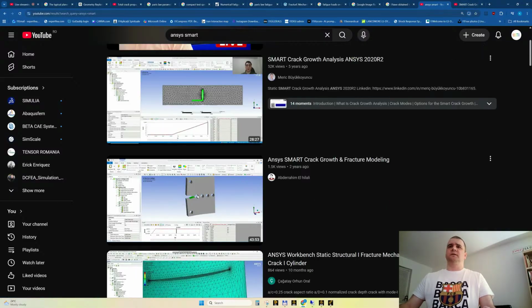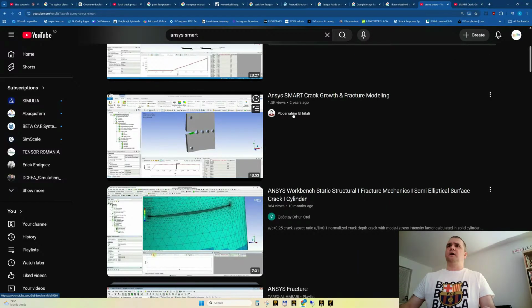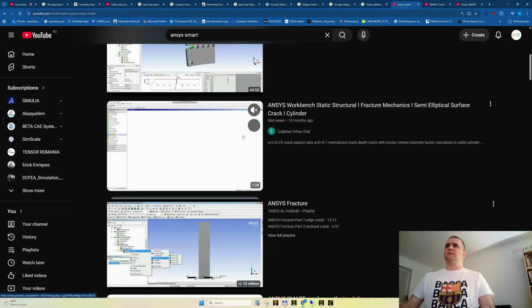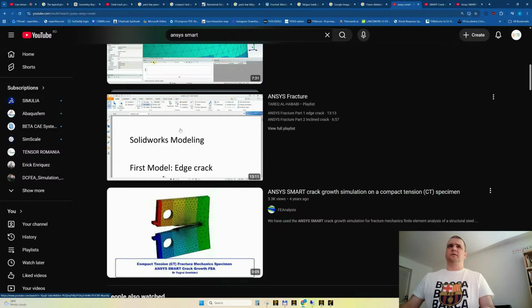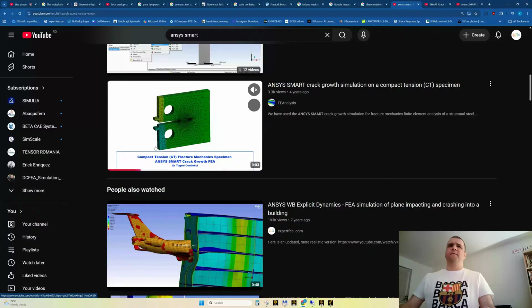Let's see. ANSYS smart crack graph. Oh, we have lots of people. This is not smart crack. This is a PDF. Compact tension. Oh, yes, this is smart crack.